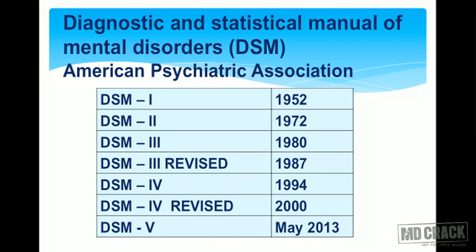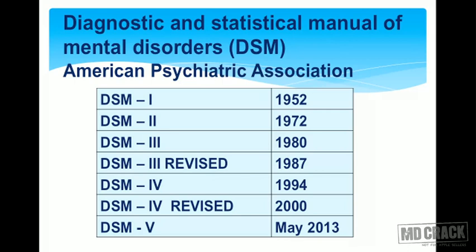The Diagnostic and Statistical Manual of Mental Disorders, abbreviated as DSM, is given by the American Psychiatric Association. The DSM-1 edition came in 1952, the second one came in 1972, the third one came in 1980 and it was revised in 1987.